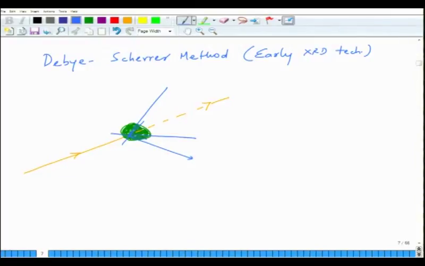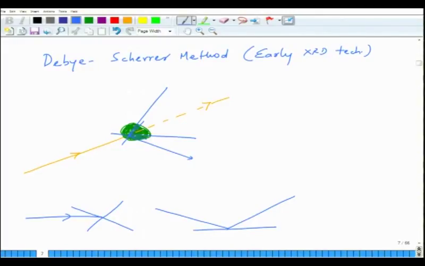So if I have a plane, Bragg geometry is this geometry. This is your incident beam. Your plane can be present like this, it can also be present like that, or it can be oblique in another direction which we cannot see.